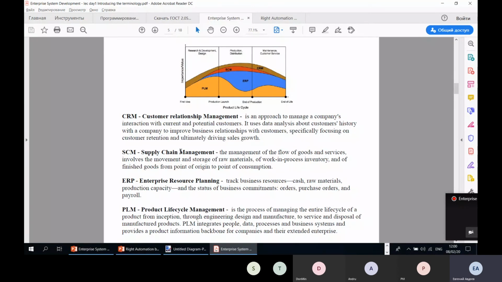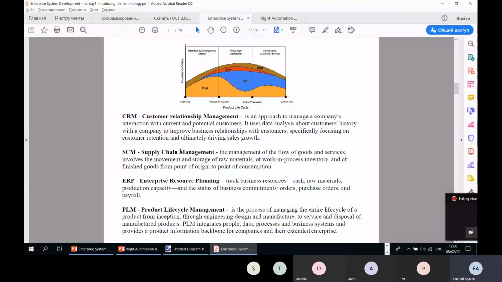Enterprise resource planning is about our enterprise resources. This can be the time of our workers, or materials which we have, like how many metal parts we have, and some kinds of parts and products which we use to make our product.